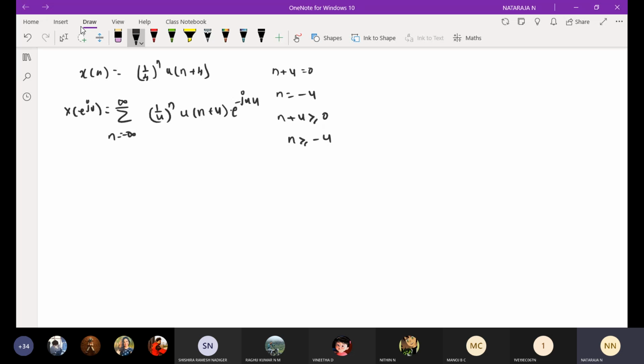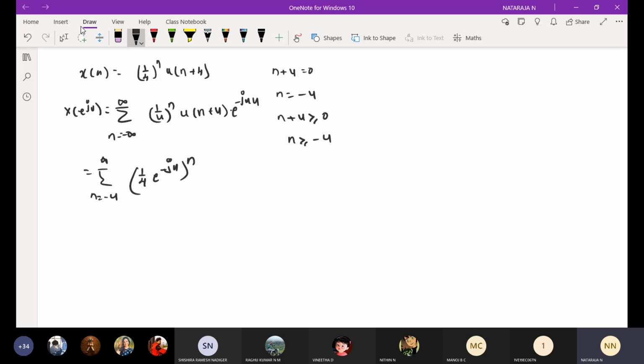Based on the limits, I will take summation n is equal to minus 4 to infinity of 1/4 into e power minus j omega, whole to the power of n. Here the bases are the same, so we add the powers and write 1/4 into e power minus j omega whole to the power of n.